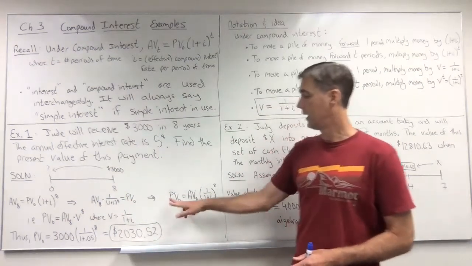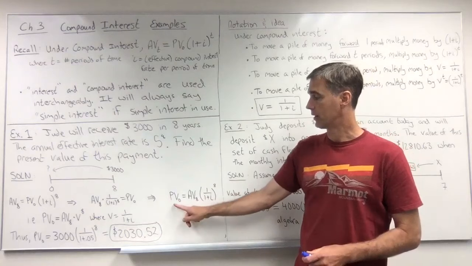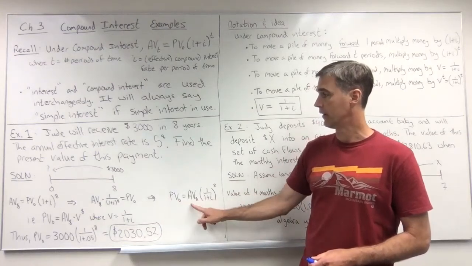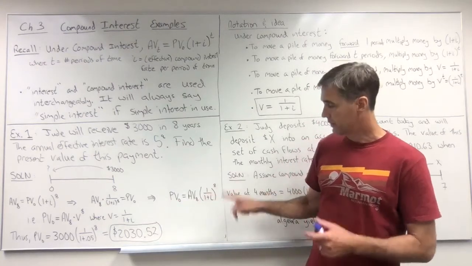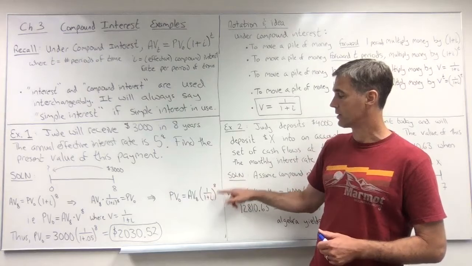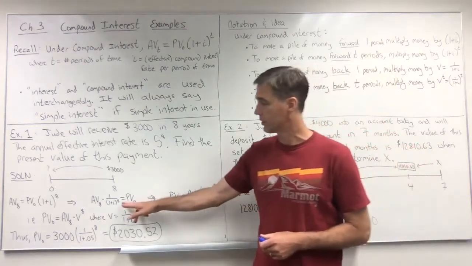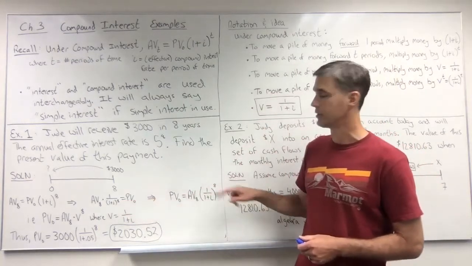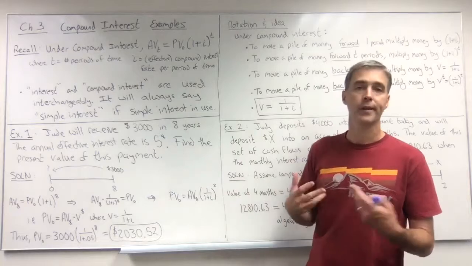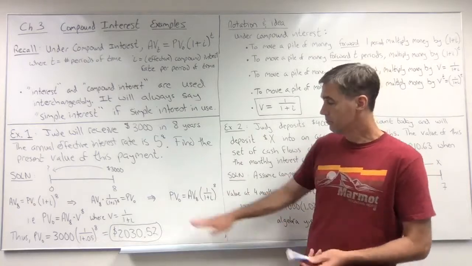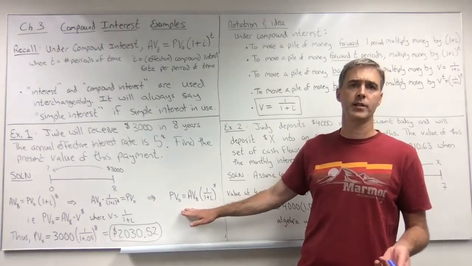And flipping it around, I could then write the present value is equal to the accumulated value at time 8 times the quantity 1 over 1 plus i to the 8th. All I did there was take that power of 8 and also apply it to the 1, and you'll see why in a minute. So there's my present value formula. Would I memorize this?